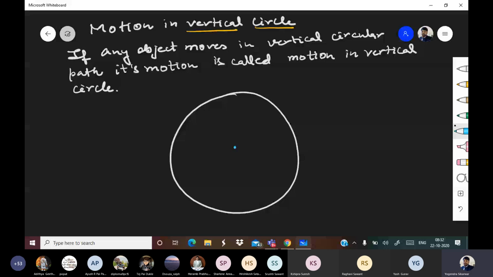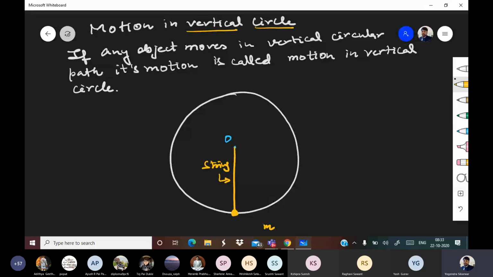We are considering that this is the center O. Now, in this vertical circle, there is an object which is connected by a string. Suppose this is the string and this is a mass small m.